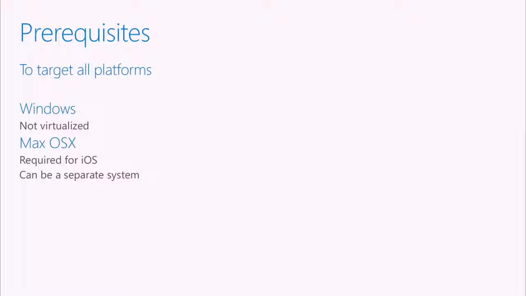Yes. So if you want to target all platforms, you are going to need two things. You can have Windows either running as Parallels on a Mac or locally installed on, say, a little Surface Book or the like. And the big thing about that copy of Windows is it cannot be virtualized, not able to use a VM.